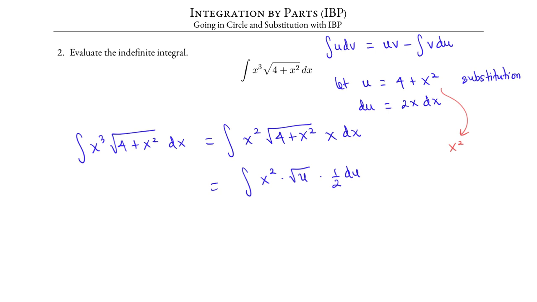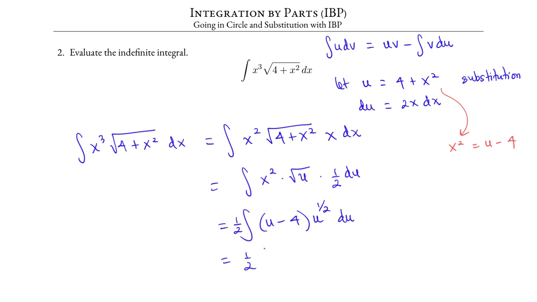Therefore, x squared is u minus 4. The substitution for x squared is now u minus 4. The square root of u can be rewritten as u to the 1/2. The factor 1/2 can be moved to the front of the integral sign.